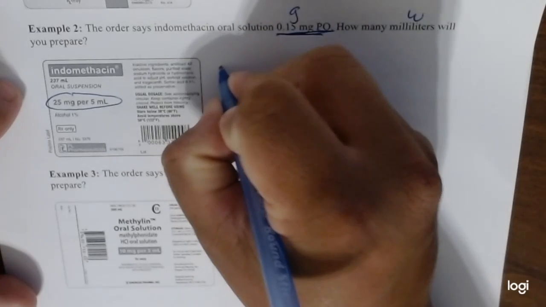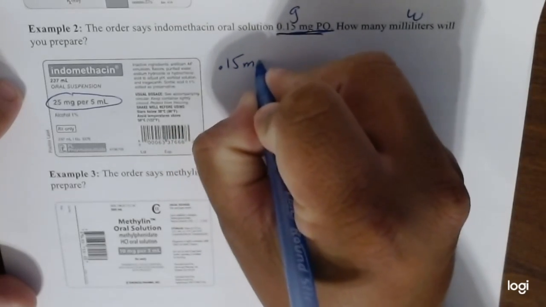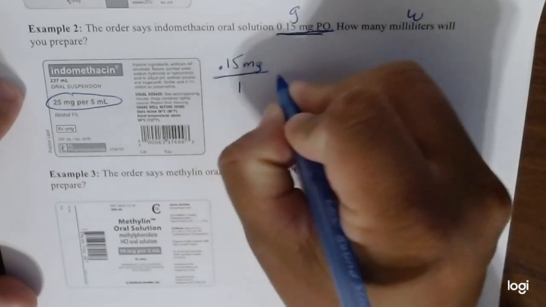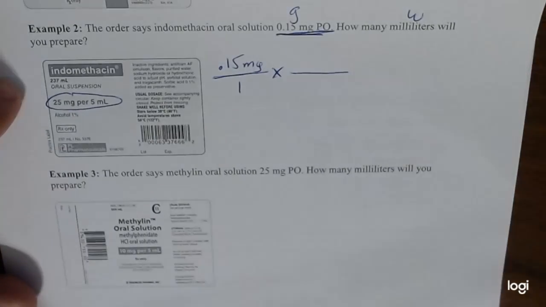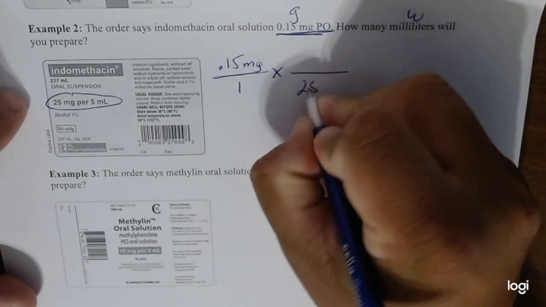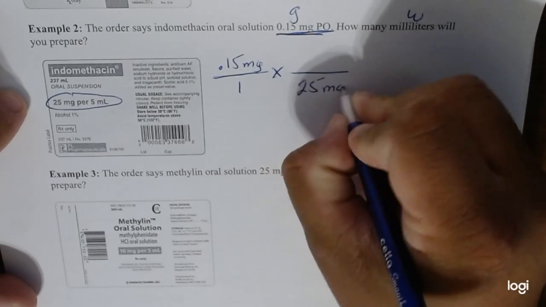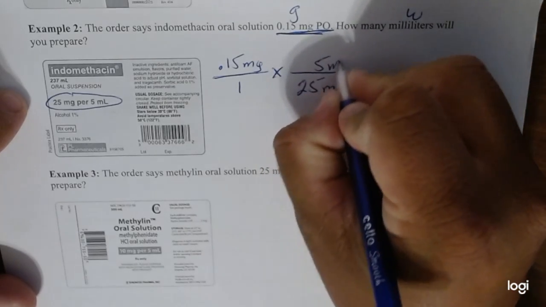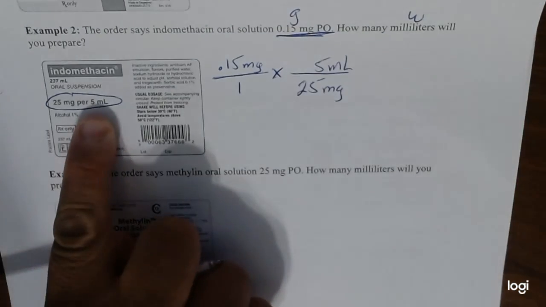So we're given 0.15 milligrams, and since we want to cancel out milligrams, milligrams has to be at the bottom, which is the 25. And now the top has to be the 5 milliliters. Again, it's not 1 milliliter, it's 5 milliliters.